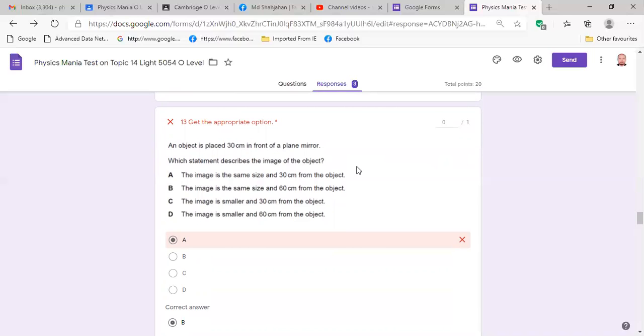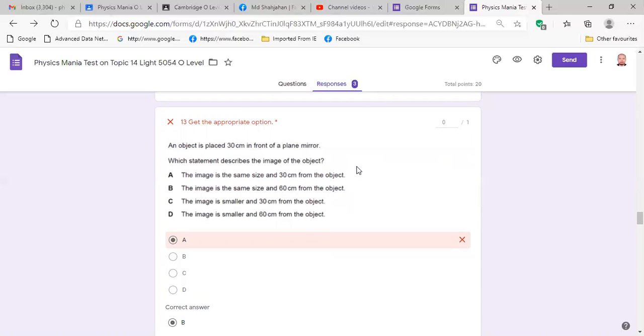So what is the property of a plane mirror? This is a tricky question, right? Yes, sir. The wording is tricky.